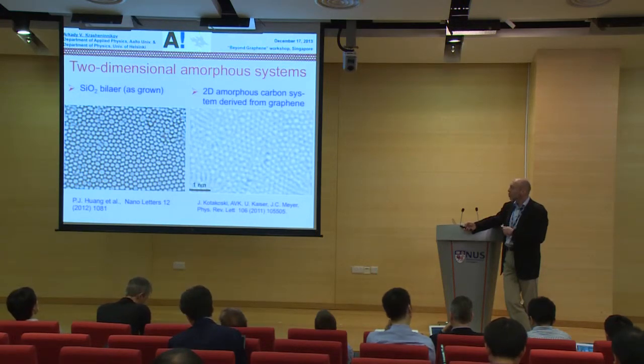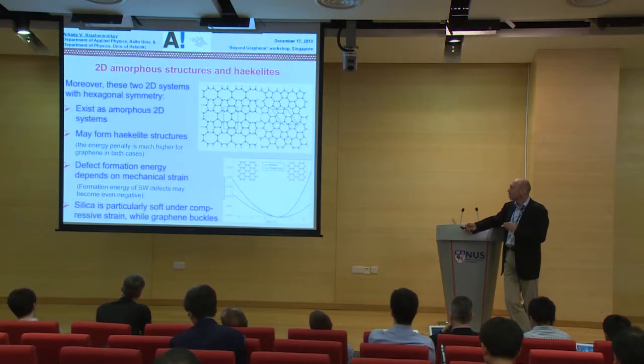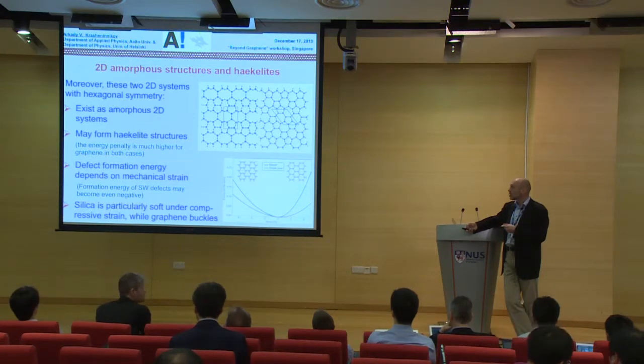So there is also this similarity, and finally, in principle, we can envisage the existence of Haeckelite structures both in SiO2 and in graphene, but in carbon systems, sp2 hybridized carbon systems, it costs much more energy than in silica.